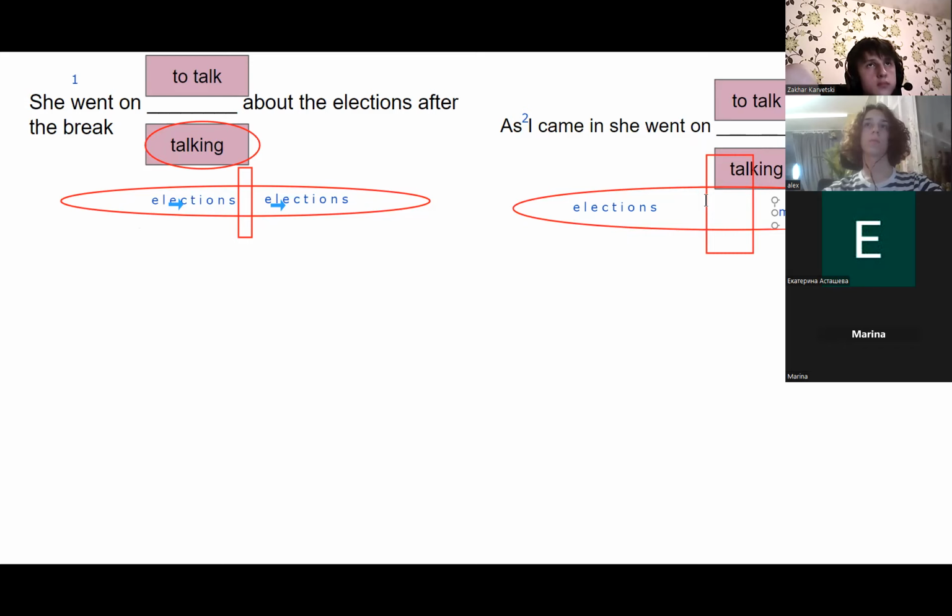So the action of talking continued. So everybody talked before and everybody continued talking. So it's talk, talk, talk, talk, talk. But when you go on to do something new, to do something different, you use the infinitive. Does that make sense?